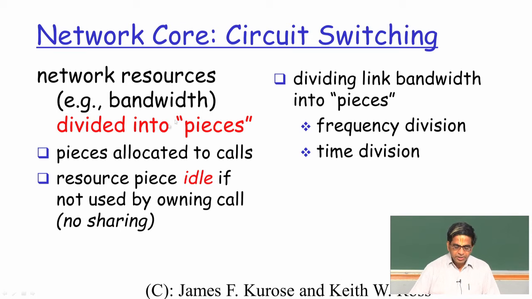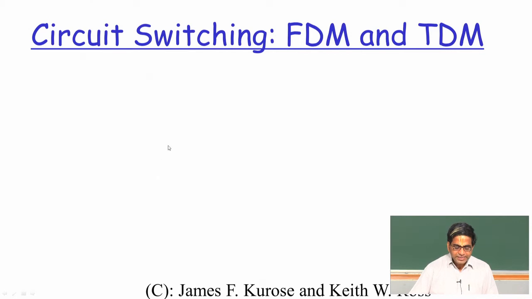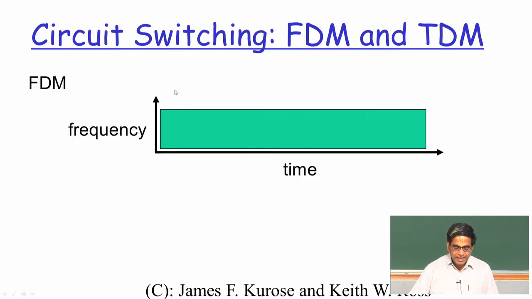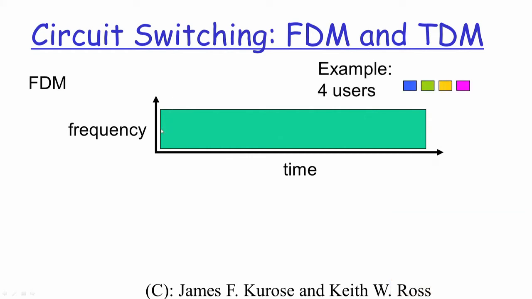Now, coming to dividing the link bandwidth into different pieces, you have two different approaches. One, you could do a frequency division, or you could do a time division. So, how does this actually work? When I say frequency division multiplexing, what essentially happens is that I have a certain amount of frequency, and let us say I have 4 different users who need to share this set of frequency, right.